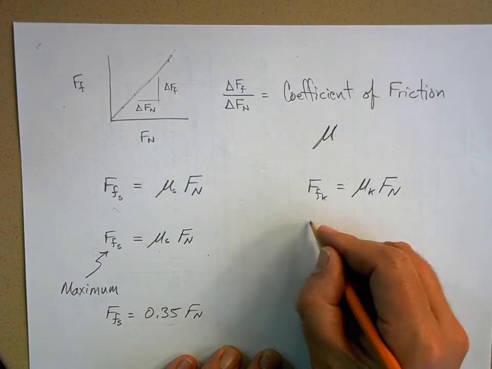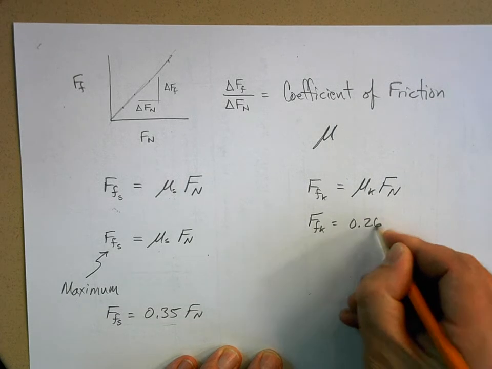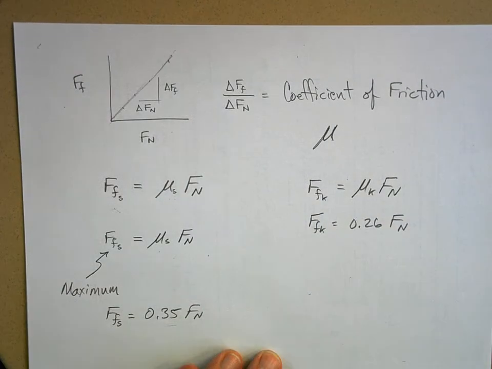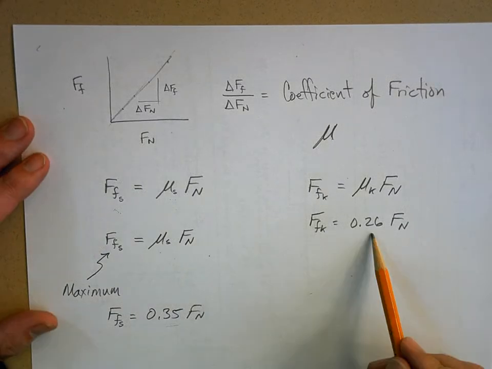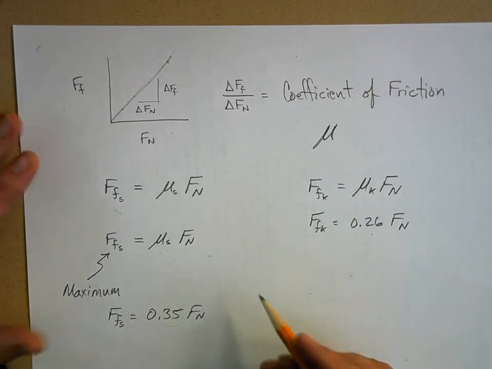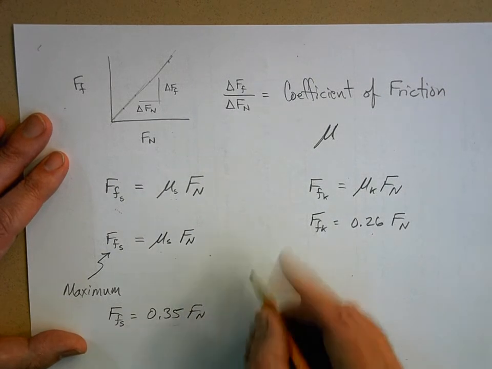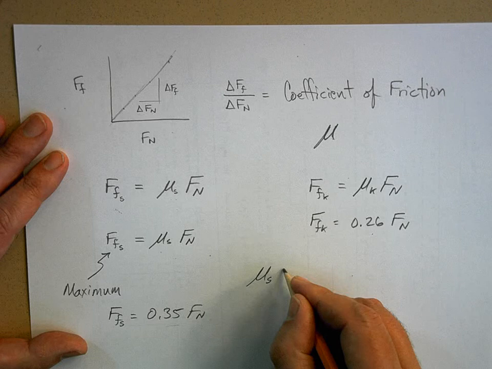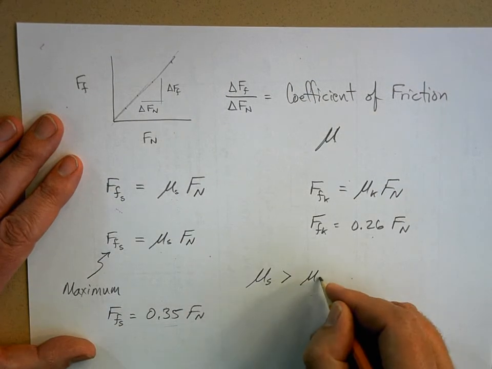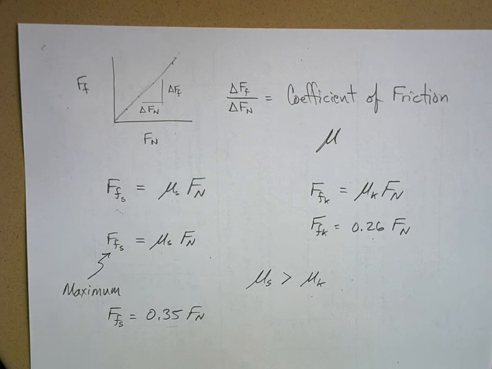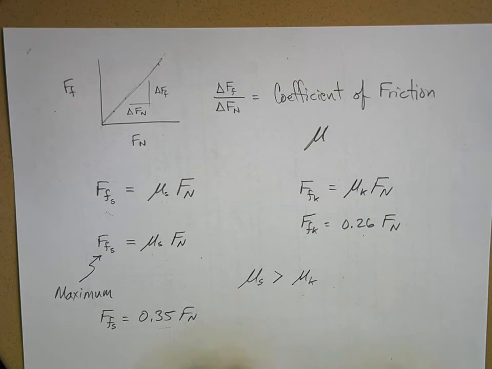For the experiment that we did, it was about 0.26 times the normal force. Okay? And notice that the coefficient of static friction is almost always greater than the coefficient of kinetic friction for a given material. That's why I was really happy to see the data you got, because it really agreed with that.